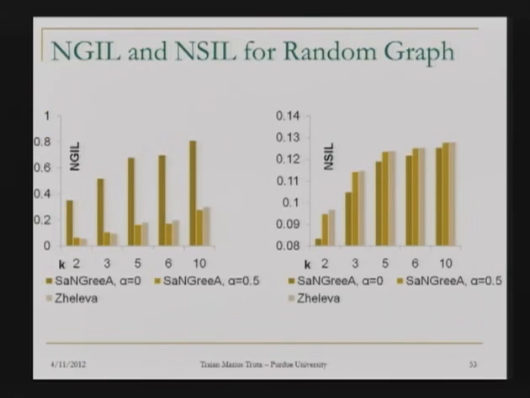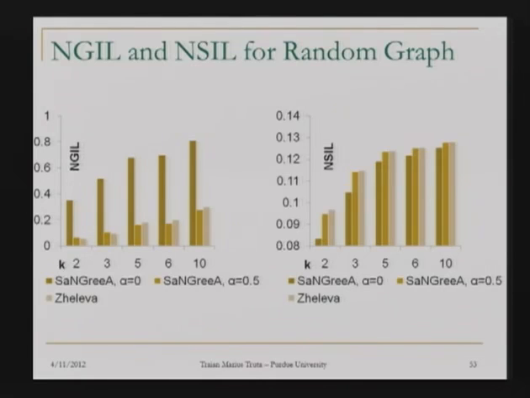Now, the results are what we expected. We ran results for various values of k. As you can see, when alpha is equal 0 versus alpha equal 1 or Zeleva, NGL is higher for alpha equal 0 than for alpha equal 1, just because we do not use NGL in alpha equal 0, only when we use alpha equal 1.